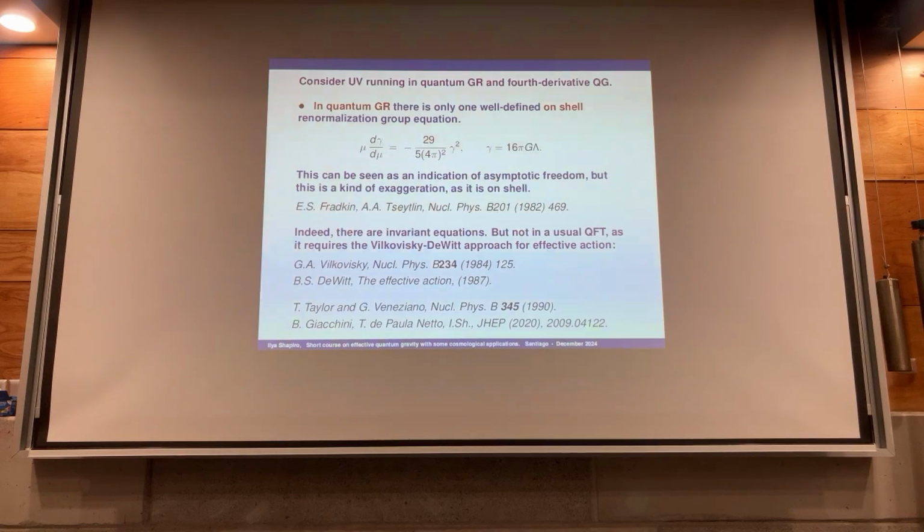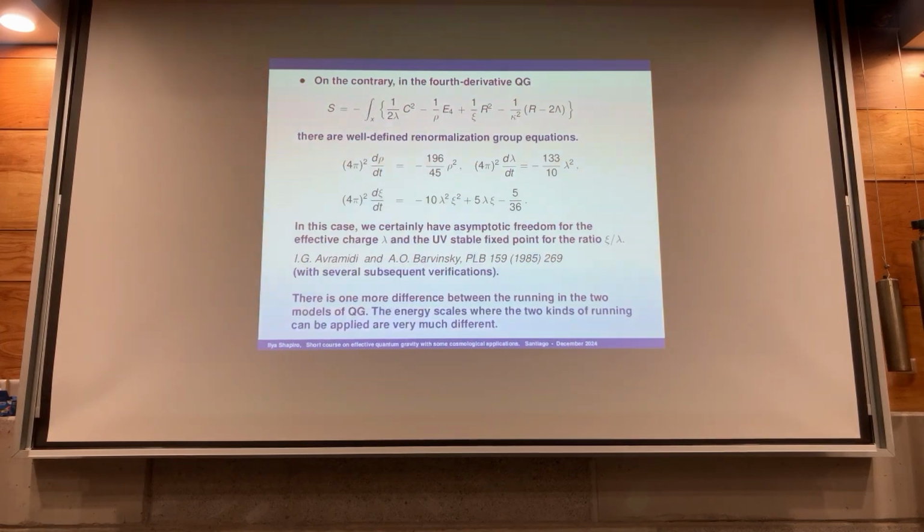You can read it and decide whether you like it or not. But it's a different story. So those are the beta functions and equations in four derivative quantum gravity. They're well defined for minimal subtraction here.